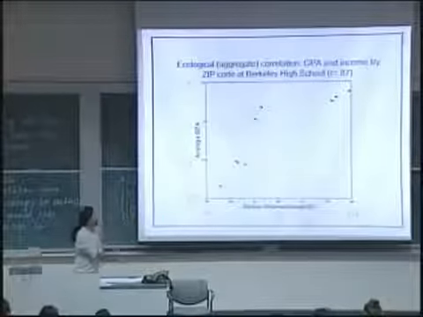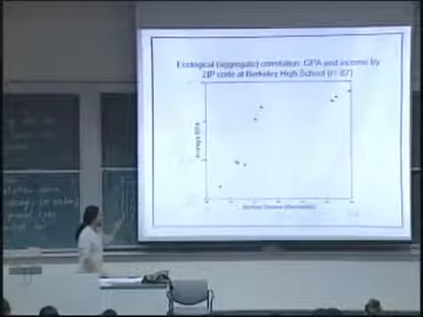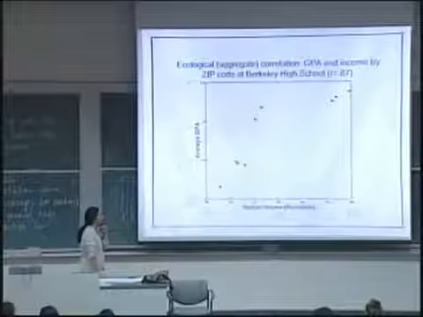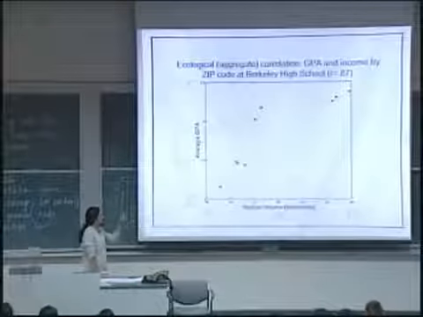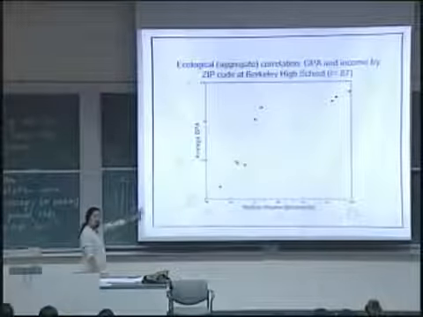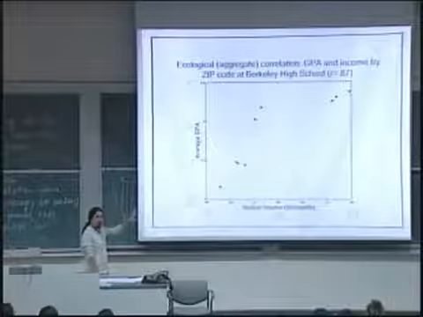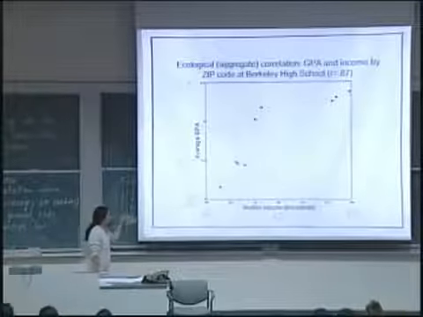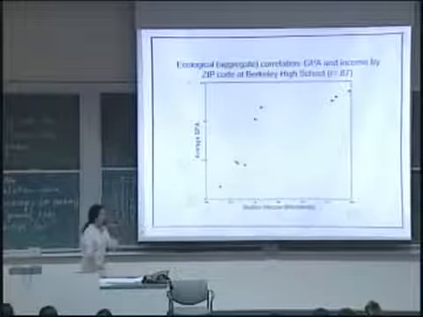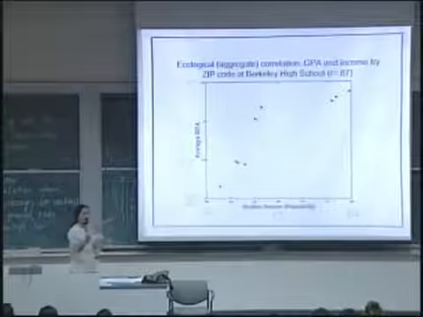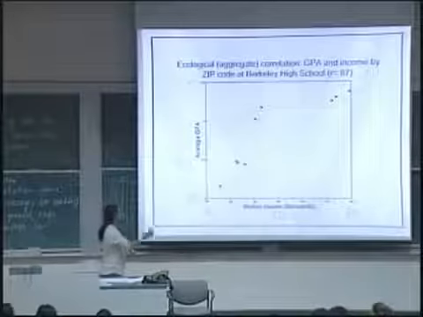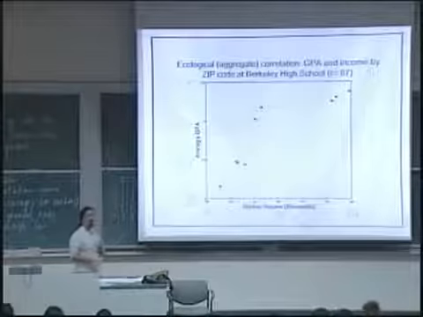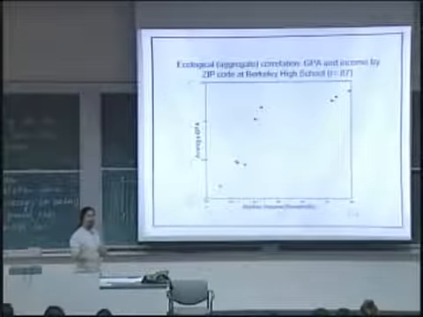One that was brought up that I want to just add is that the schools have different resources, right? The wealthier areas have more resources. Now these are all Berkeley High School students, so they're all at the same high school, but the elementary schools and the middle schools that feed Berkeley High School are located in these different zip codes. And so before they get to Berkeley High School, many of these students have advantages, disadvantages going in, right?